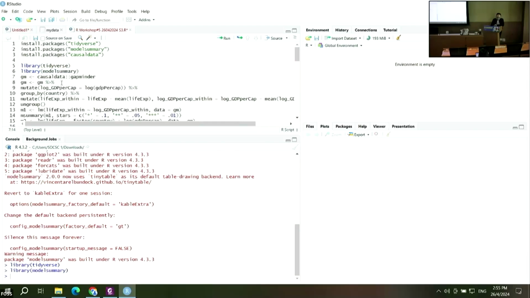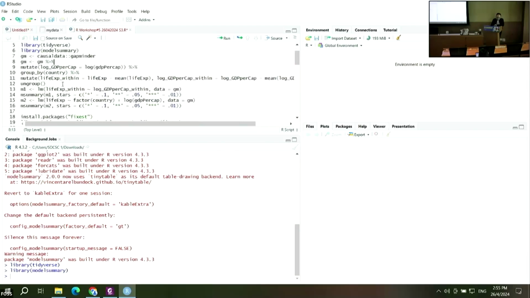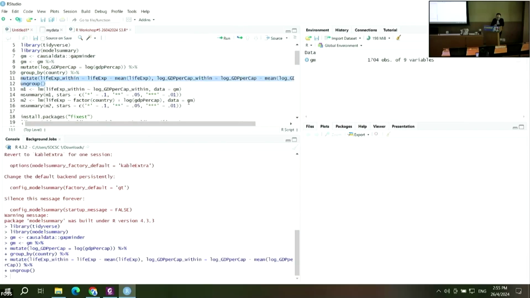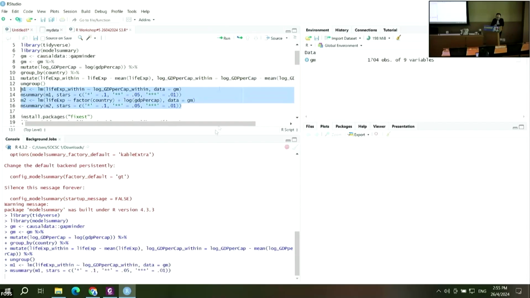Okay, the next thing I need to do is the model as suggested. Two different models, measuring the life expectancy using the GDP.